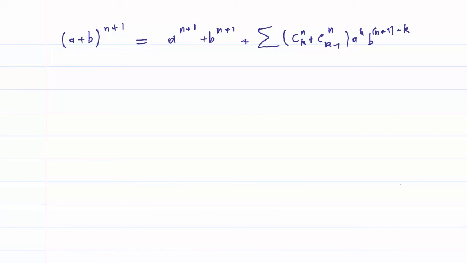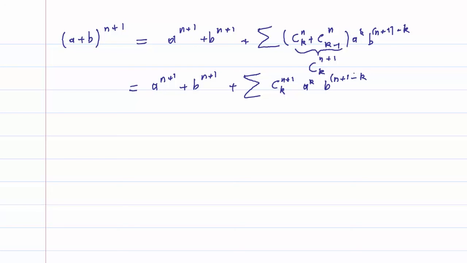Now we are going to use Pascal's identity. We know that this, we proved it for part 2, is equal to C(k, n plus 1). So we have a^(n plus 1) plus b^(n plus 1) plus the sum of C(k, n plus 1) a^k b^(n plus 1 minus k) for k equals 0 to k equals n.